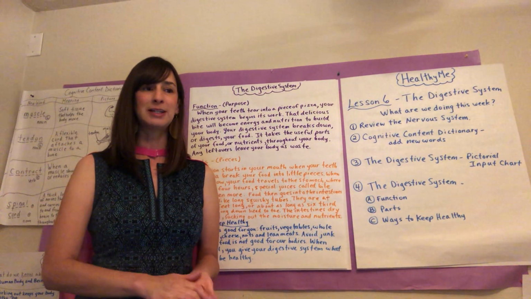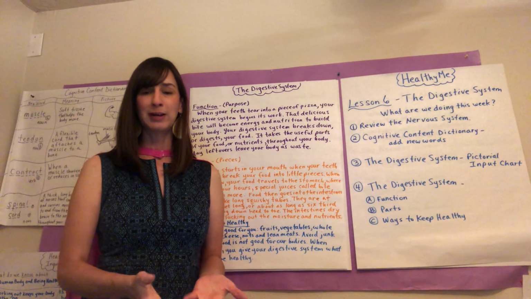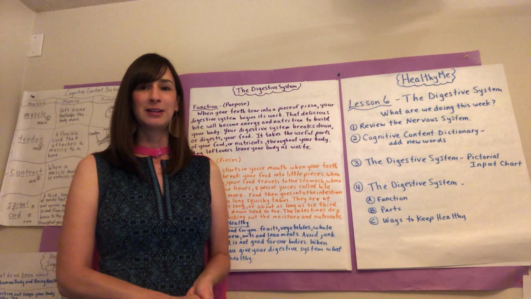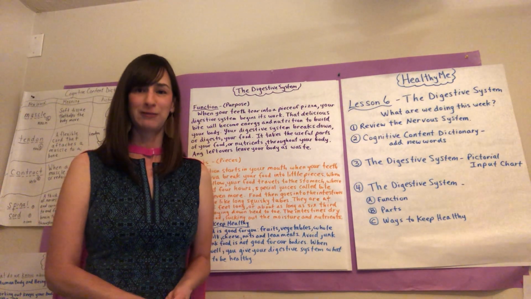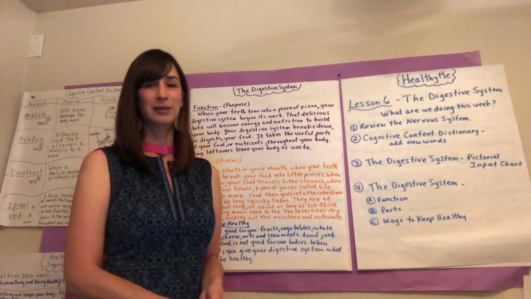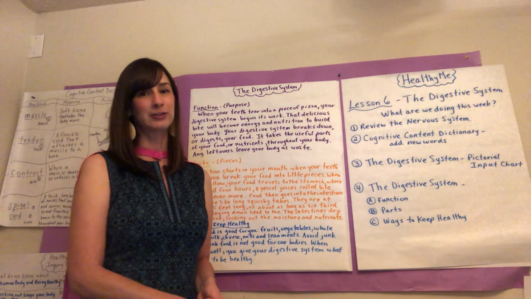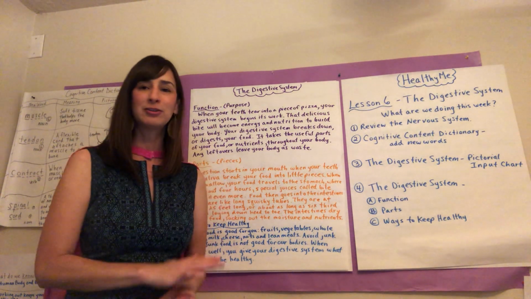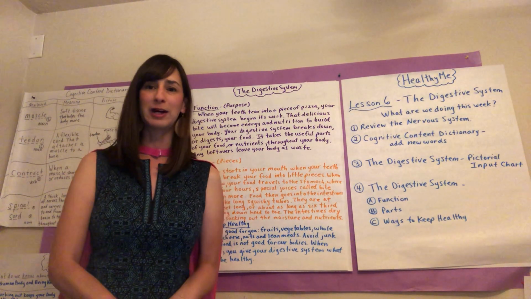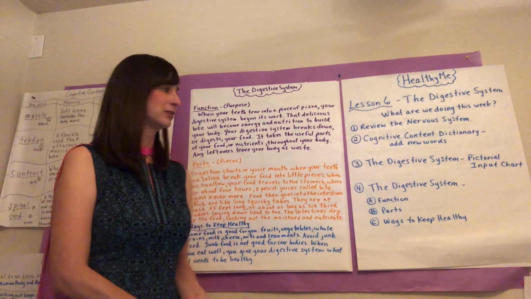And depending on what kind of food you choose to eat, that can impact how your body functions, whether it's functioning in a good way, or if it's functioning in a bad way. And it's never too early to start taking care of your body by eating healthy foods.